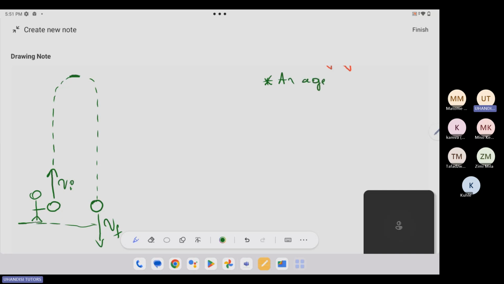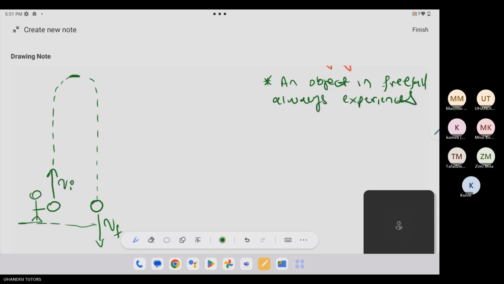An object in free fall always experiences acceleration of 9.8 meters per second squared that is pointed downwards.